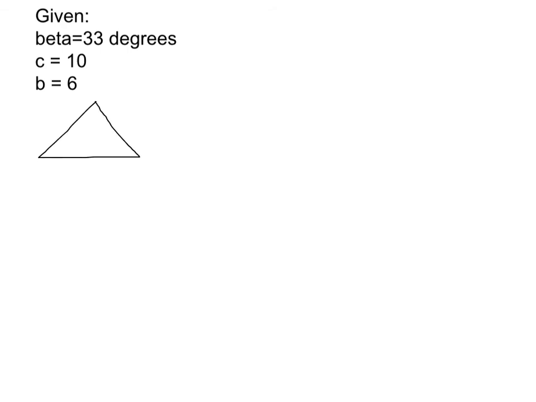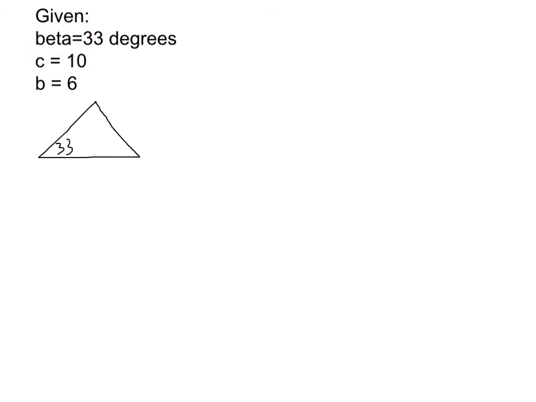Random, non-special triangle. I'm going to put my angle down here because I like to. And here I have to be careful, okay, which side goes over here? Well, because they gave me beta for the angle, B is the one that goes across from that. Some books would use a capital B instead of a beta.